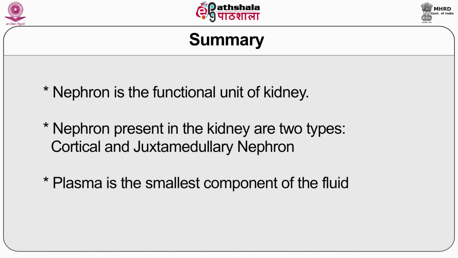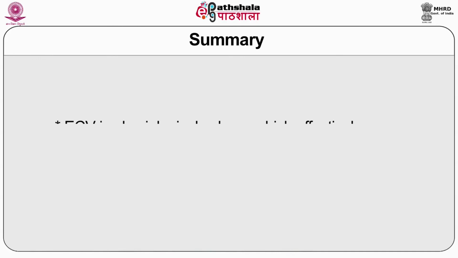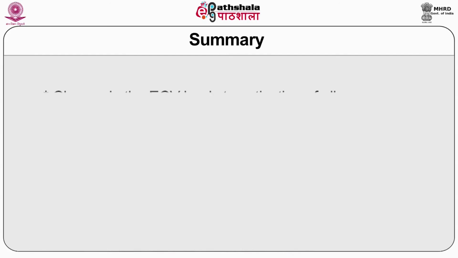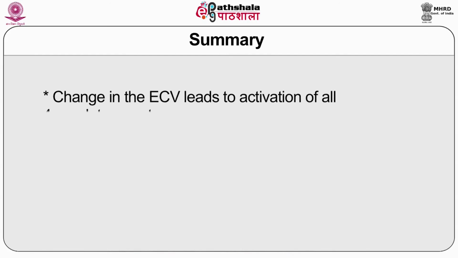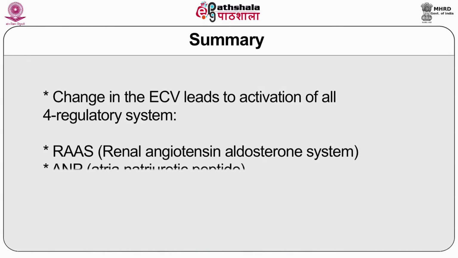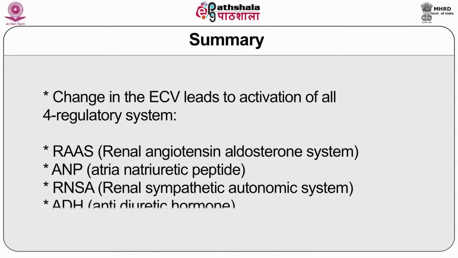Plasma is the smallest component of the fluid component in the body, and it is most accurately regulated in the body. The effective circulatory volume is the physiological volume that effectively perfuses the body tissues, and the change in the effective circulatory volume leads to the activation of four parallel regulatory systems, which involve the renin-angiotensin-aldosterone system, atrial natriuretic peptide, renal sympathetic autonomic system, and release of the antidiuretic hormone.